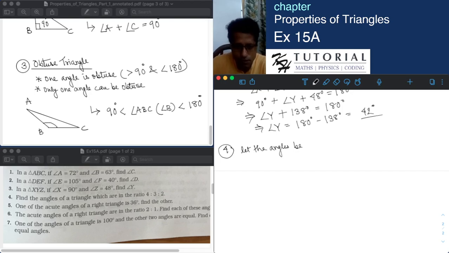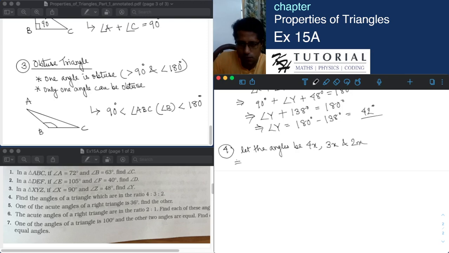We assume each quantity to be the term multiplied by some x, where x is some non-zero number that we will have to find out. So let the angles be 4x, 3x and 2x, since the ratio of the angles is given to be 4:3:2.